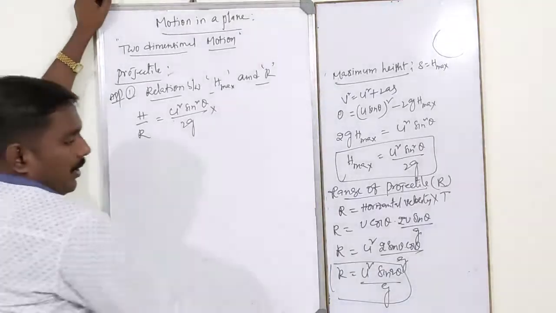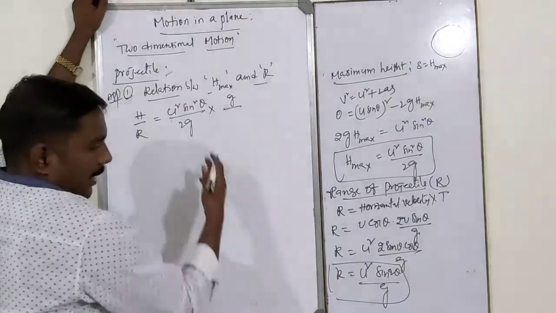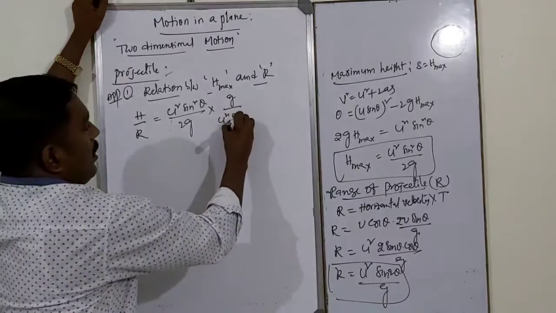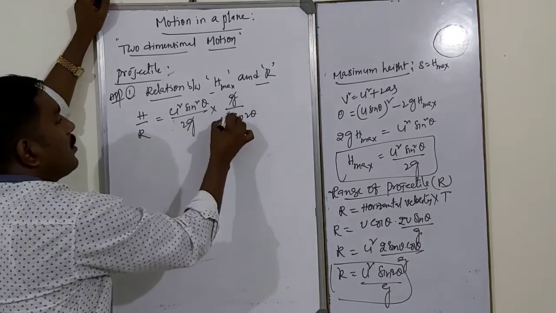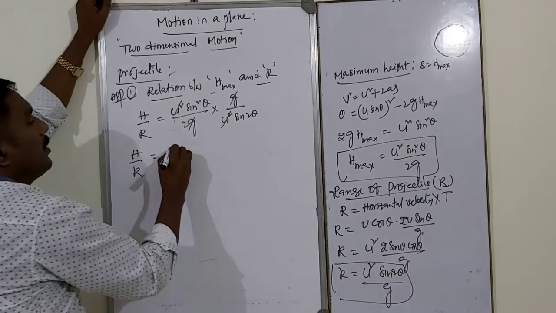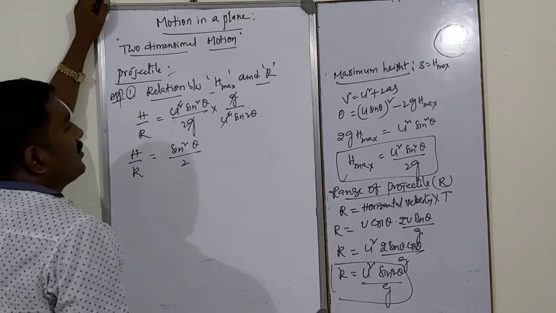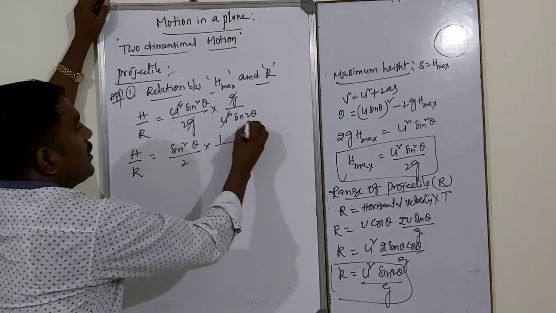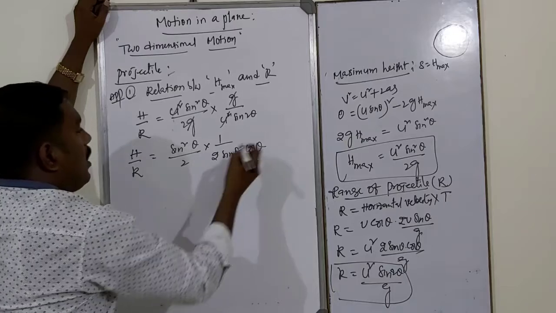What is the value of R? Like this. G is reverse. G divided by u square sin 2 theta. So g cancels out. U square also cancels out. So H by R is equal to what? Sin square theta by 2 into 1 by sin 2 theta, which is 2 sin theta cos theta.